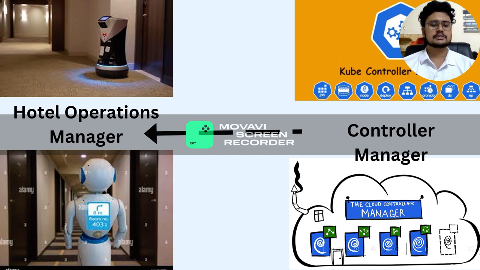If a guest requests more rooms, which means more API requests or high workload, they scale up to meet the increased demand, which is scaling up the pods. So this is the main operation the controller manager will do, and there are several other components in place in the controller manager, such as replica sets, endpoint controller, and other things. But we're going to see it as an overview, not in a detailed way.